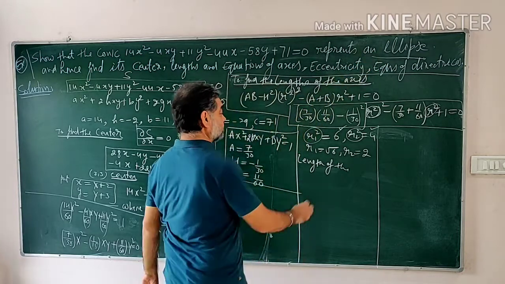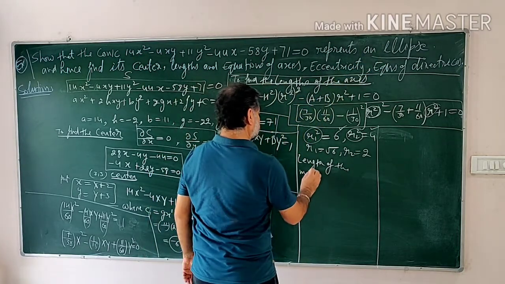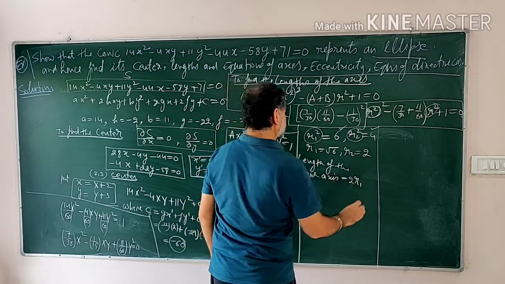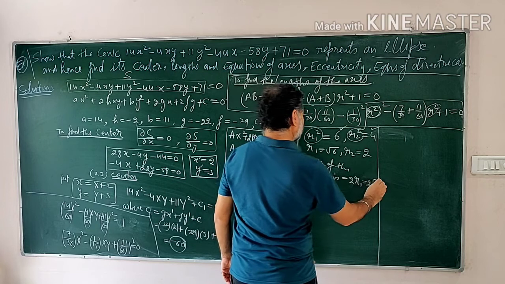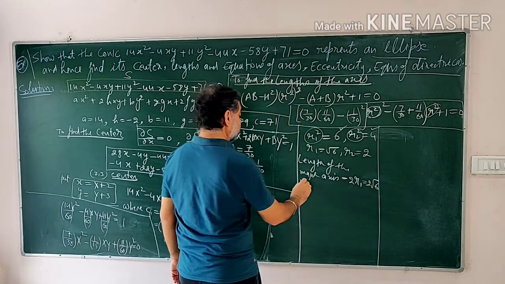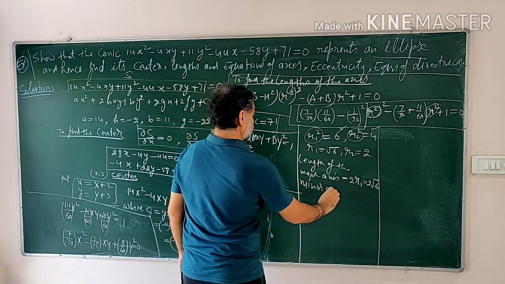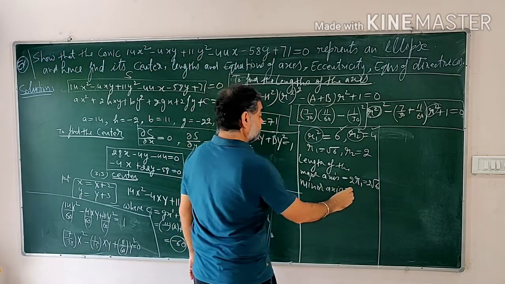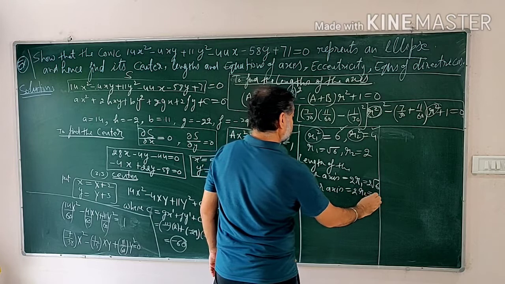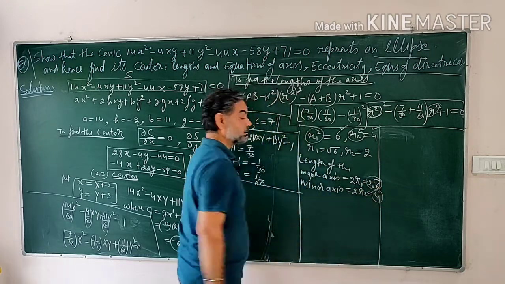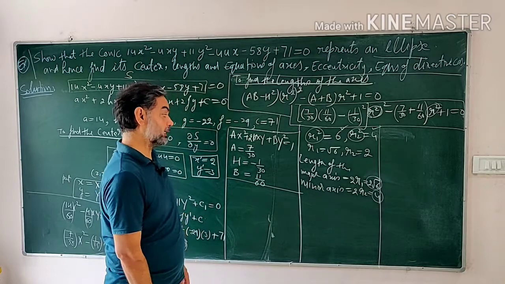The length of the major axis is 2r1, which is equal to 2 root 6, and the length of the minor axis is 2r2, which is equal to 4.